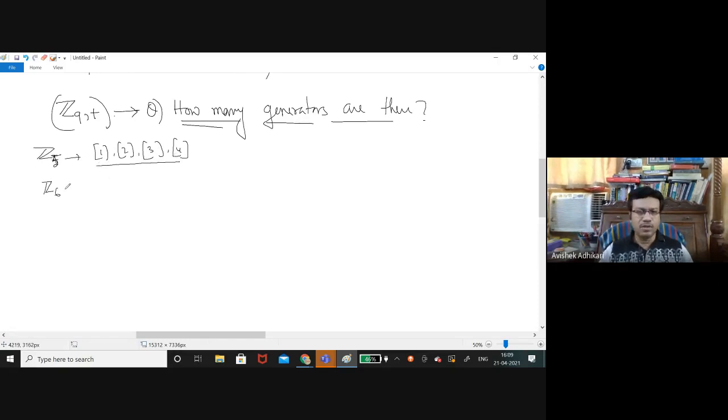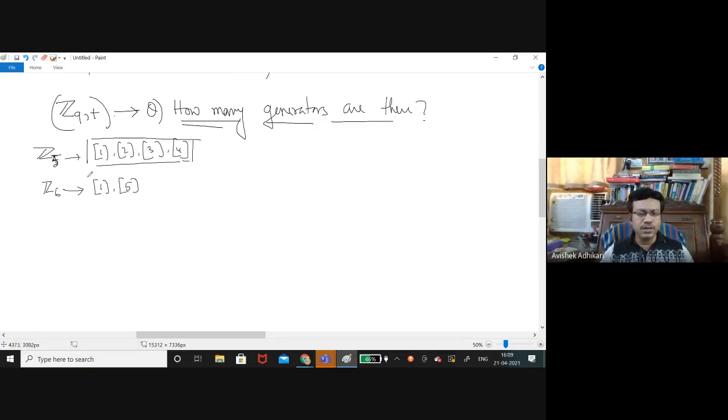But that was not exactly the case in case of Z6. Here we have seen only class 1 and class 5 are the generators. Why they are so, it will be a proof. I am not going to the details of the proof for the time being, but maybe after a few classes, we will do that.